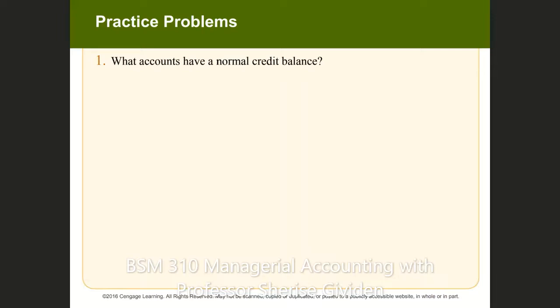What accounts have a normal credit balance? For example, because asset accounts are increased with debit, and I'm reading from the book, they normally have debit balances. Likewise, liability accounts normally have credit balances.